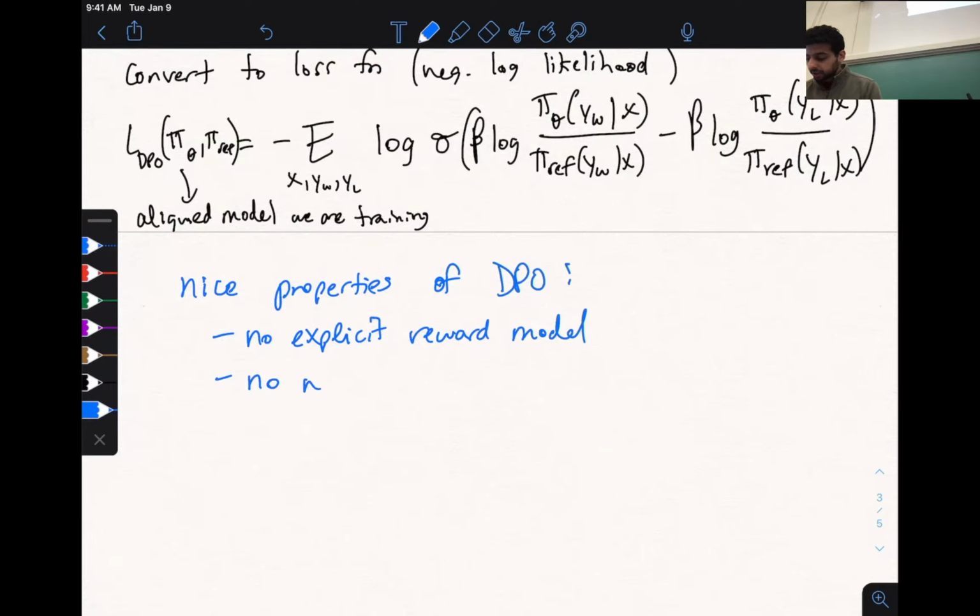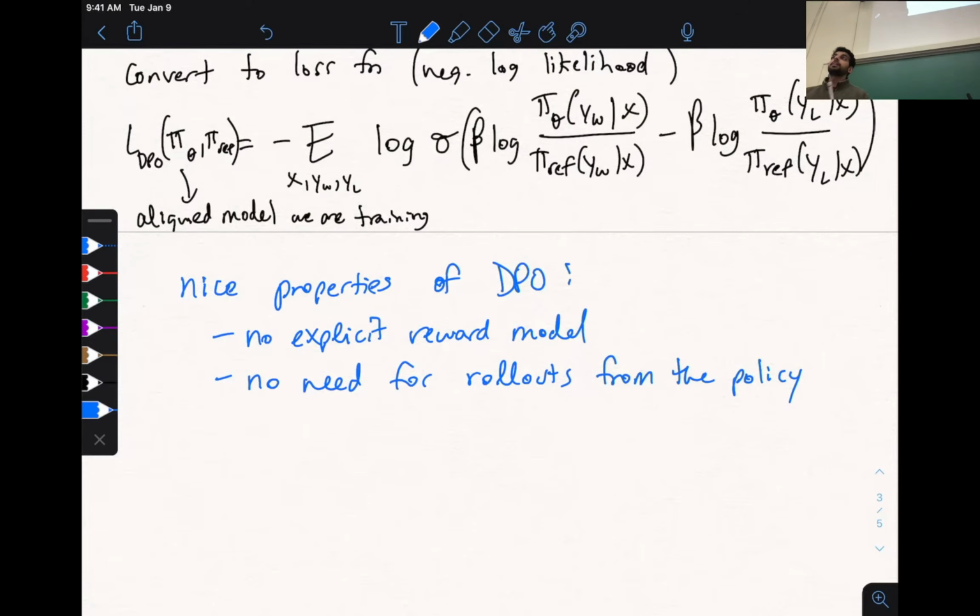Even bigger is no need for rollouts from the policy. So this is essentially just maximizing the likelihood of our preference judgment data. So we don't need to generate any new samples from the model. The DPO loss operates exclusively on the preference judgments y_w and y_l that we have collected from human raters.